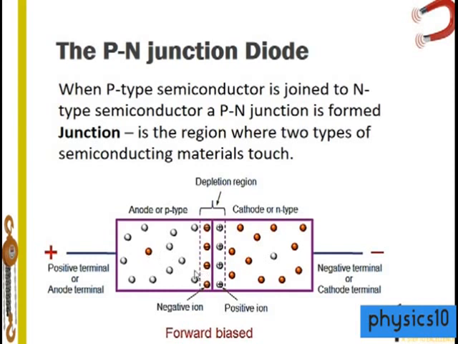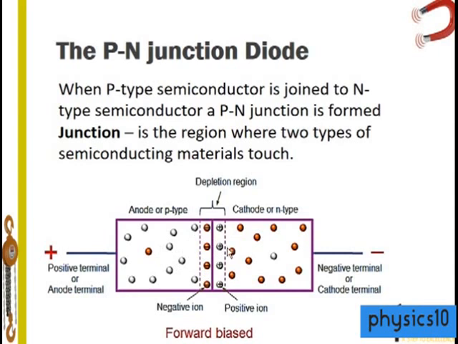So once that is done, metal contacts are then attached to the ends of this doped silicon. And then wires are attached to it, and then they're connected to positive terminals or negative terminals. Now, what's important in this particular setup is the boundary between the P-type silicon and the N-type silicon.